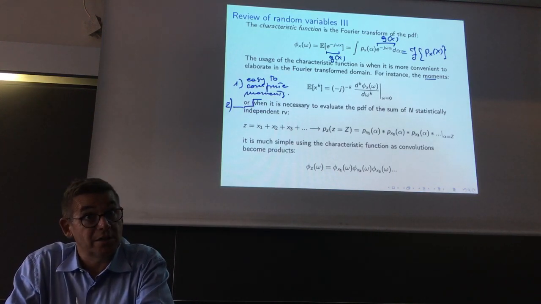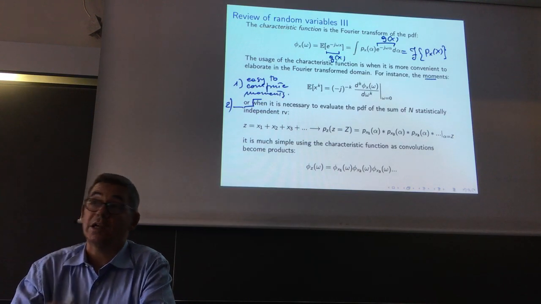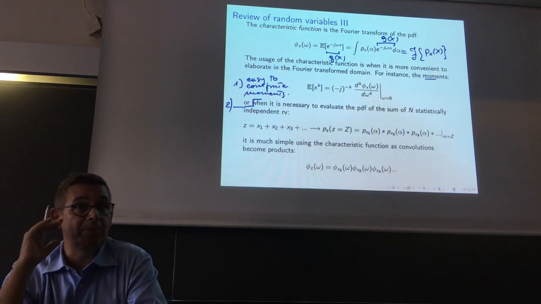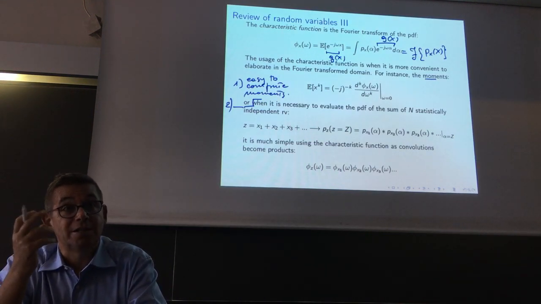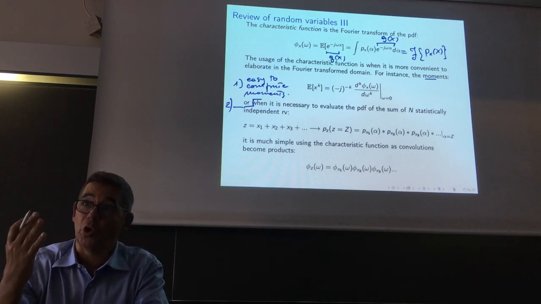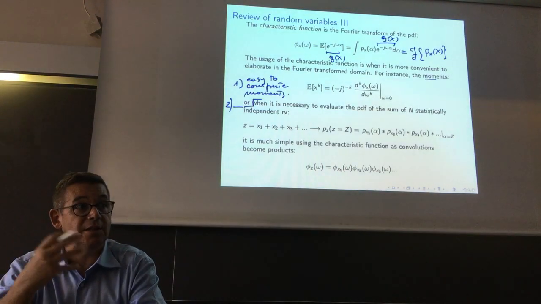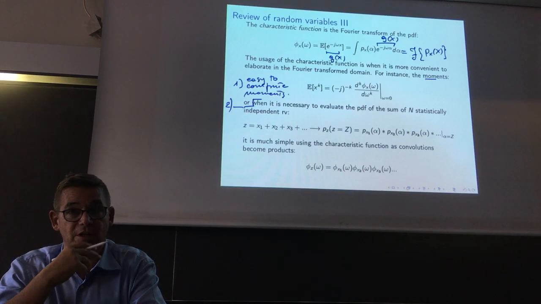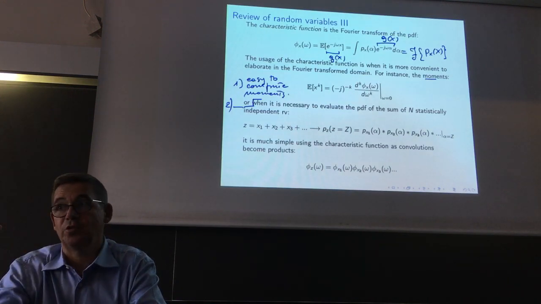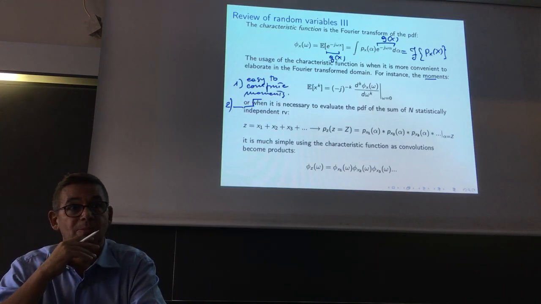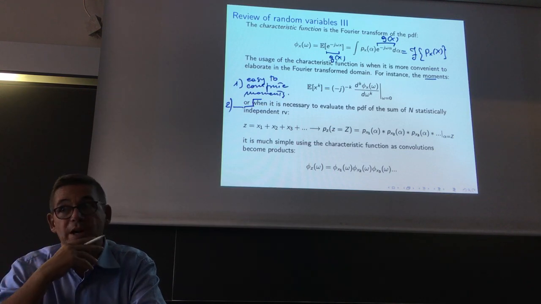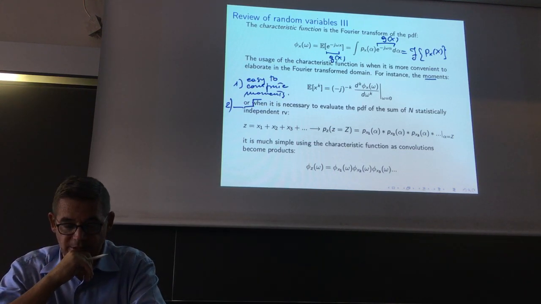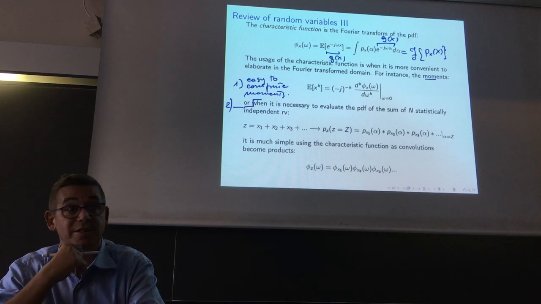The third reason, which I list here, is that there are some probability density functions that are very difficult to express in the regular domain as a probability density function, but they are easier to express in the transform domain as a characteristic function.